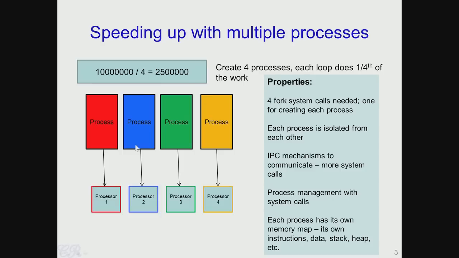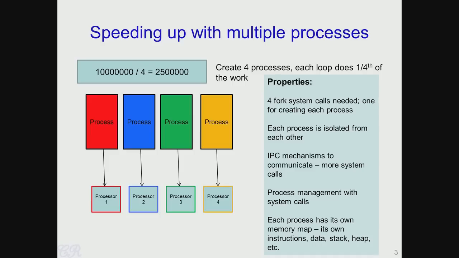Further, since there are various stages in the process, such as creation, destruction, or file opening operations and so on, all these process management activities are done through system calls. And also the last point, as we have mentioned, each process has its own isolated memory map comprising instructions, data, stack and heap.